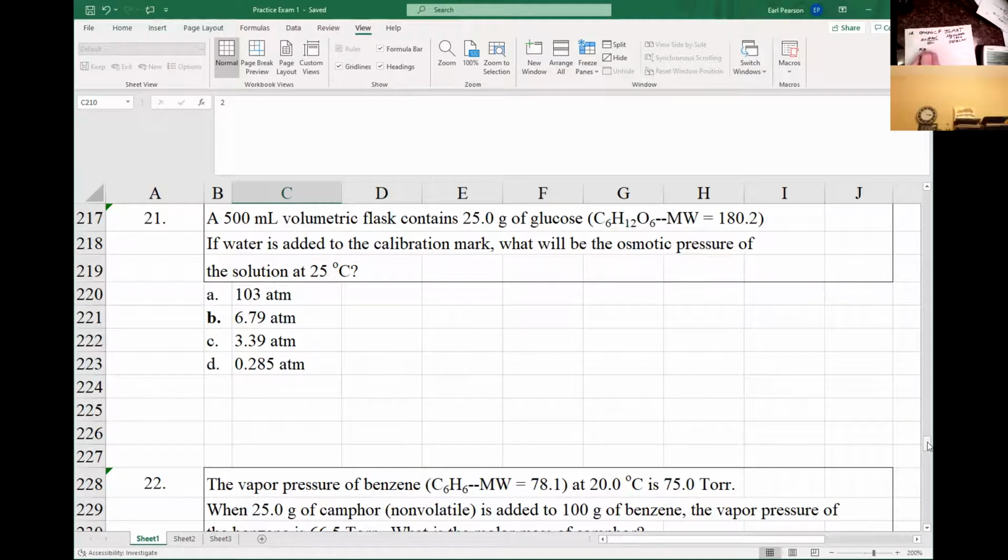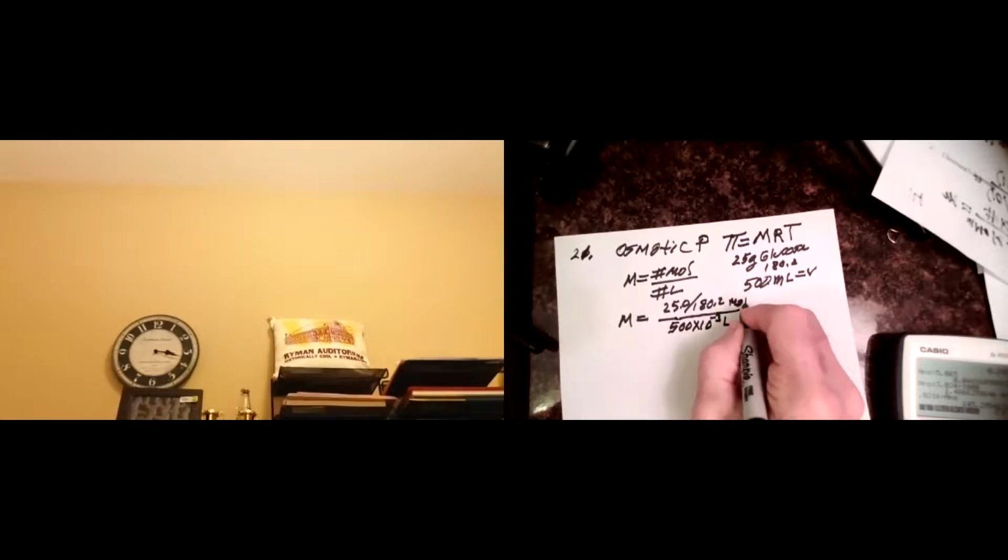The molarity is the number of moles: 25 grams divided by the molecular weight, 180.2, and I want to divide also by the volume, and that's 500 milliliters. You could write that as 500 times 10 to the minus 3 liters. This is going to be moles per liter. That's the correct unit. So there is my molarity.